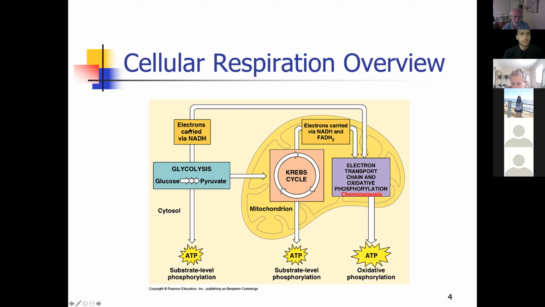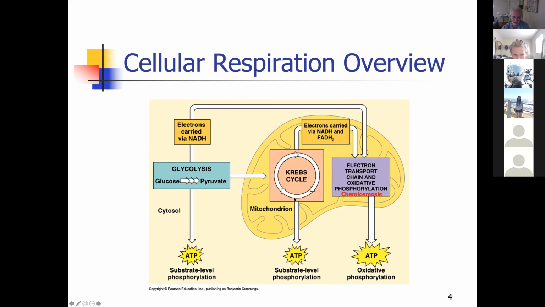Glycolysis produces electrons carried by an electron carrier, NADH. It also has a substrate level phosphorylation, which produces ATP. These electrons produced by glycolysis go into the electron transport chain. But the pyruvate goes into the Krebs cycle and produces a lot more electrons that go into the electron transport chain.